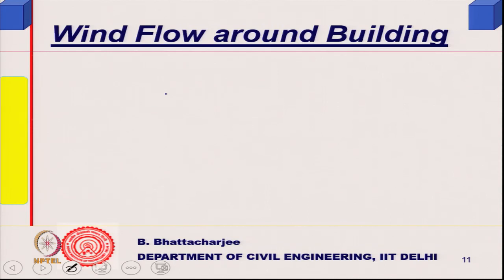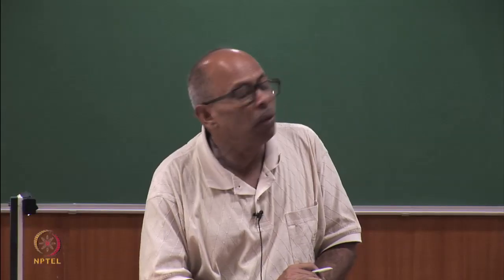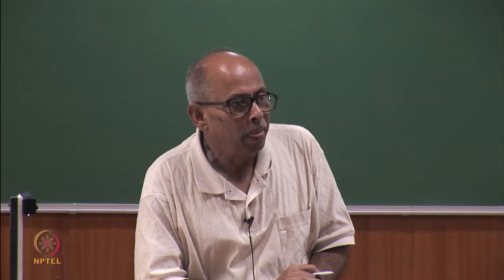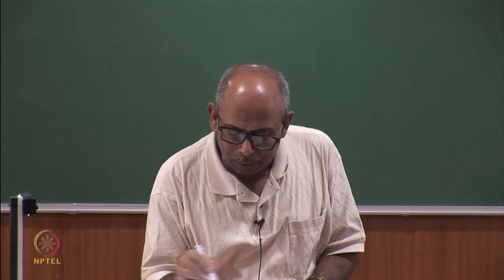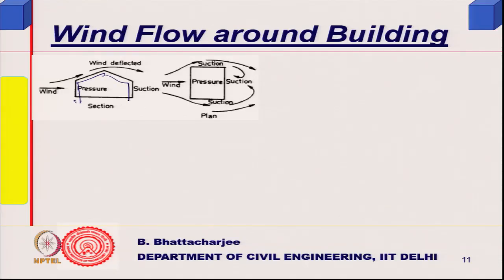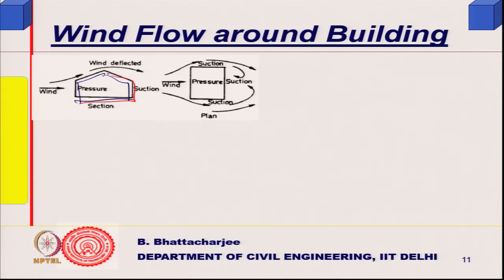So, delta P is a function of height, and if I want to find out delta P just about an opening, then I must find out the wind flow pattern around the building. Let us say this is the building I am looking at.